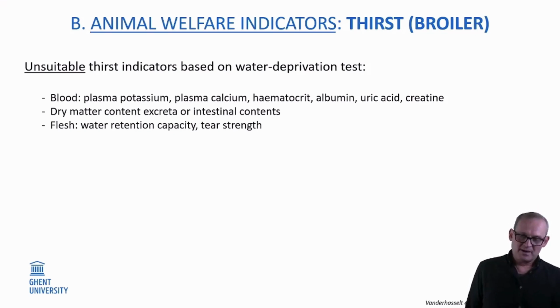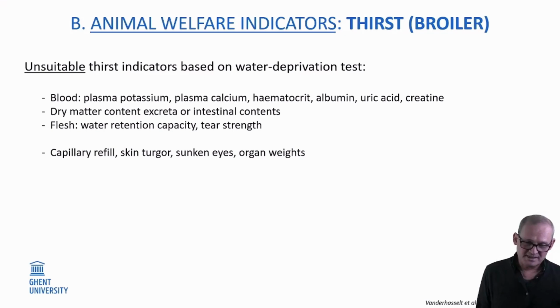Then you could think about maybe the dry matter content of the excreta or of the intestinal contents. Could they be related to dehydration? But in research by Van der Hassel, they found that these didn't correlate very well with the duration of dehydration. And they said these indicators don't seem to have a lot of potential as animal-based indicators for thirst.